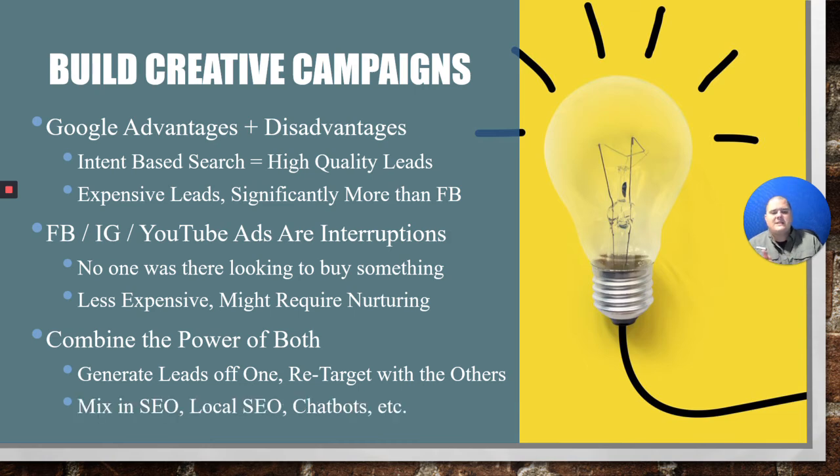You can also mix in some of the things that aren't as expensive or aren't pay-per-click, like SEO, organic SEO, local SEO. You can throw in chatbots and things like that. So as an example for this, maybe I'm ranking really well in the organic results, in the SERPs. I'm like number 2. And so I'm getting a lot of clicks through my SEO campaign that I've been doing for months and got some really good traffic from it.